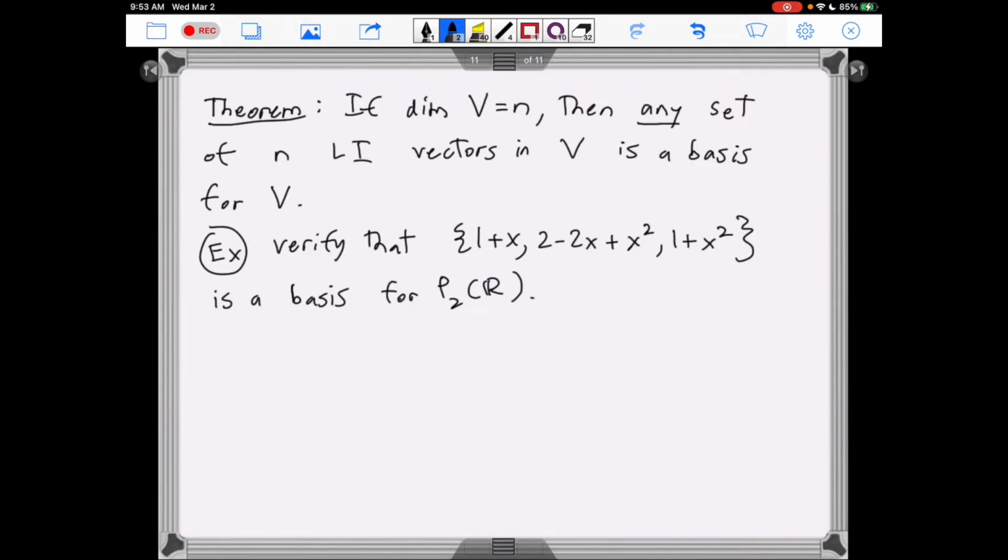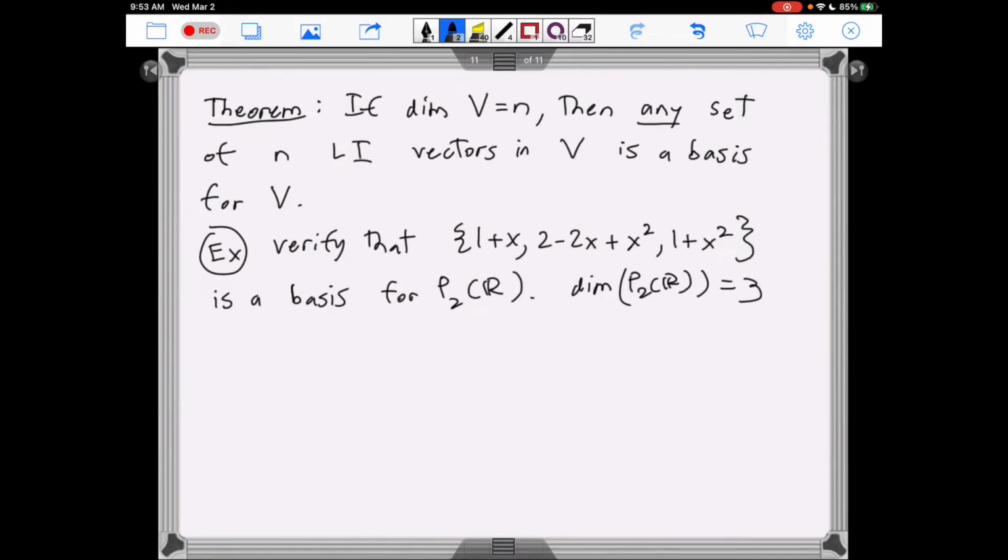Now, of course, we're going to use the fact that we already know the dimension of P2R. The dimension of P2R is 3, because we already wrote down a basis for it. Now, we're trying to verify that this set right here is also a basis. Of course, it's not the standard basis, but we need to show that those 3 polynomials somehow span the whole space.